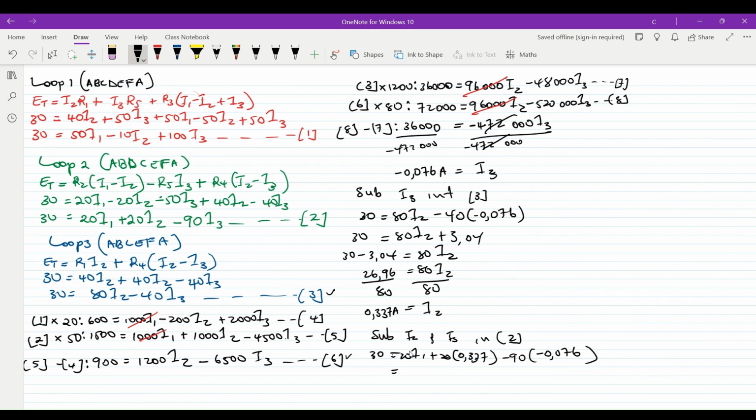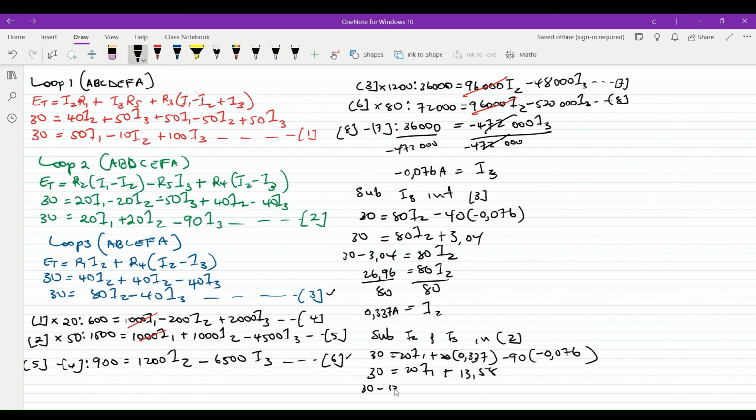And that will give you 30 equals 20 I1 plus 13.58. You take that to the other side.